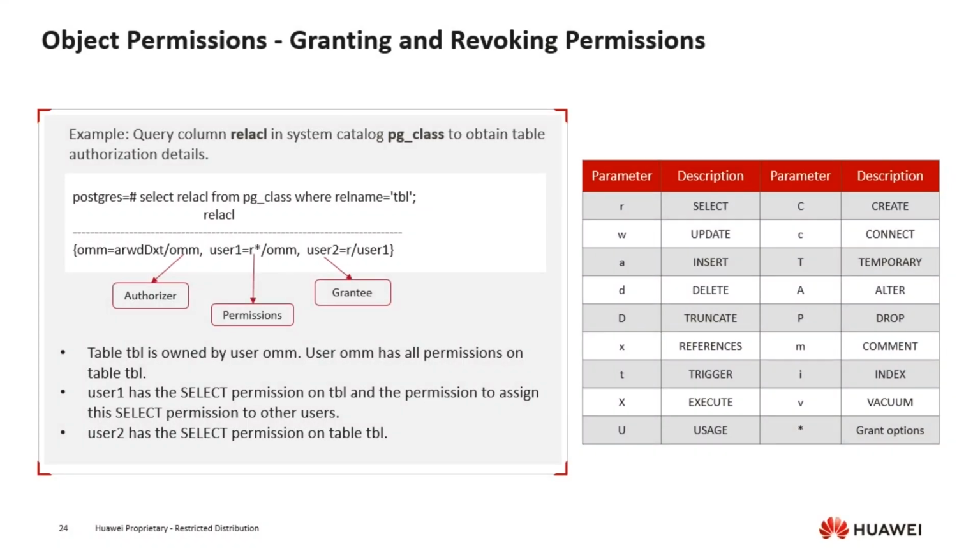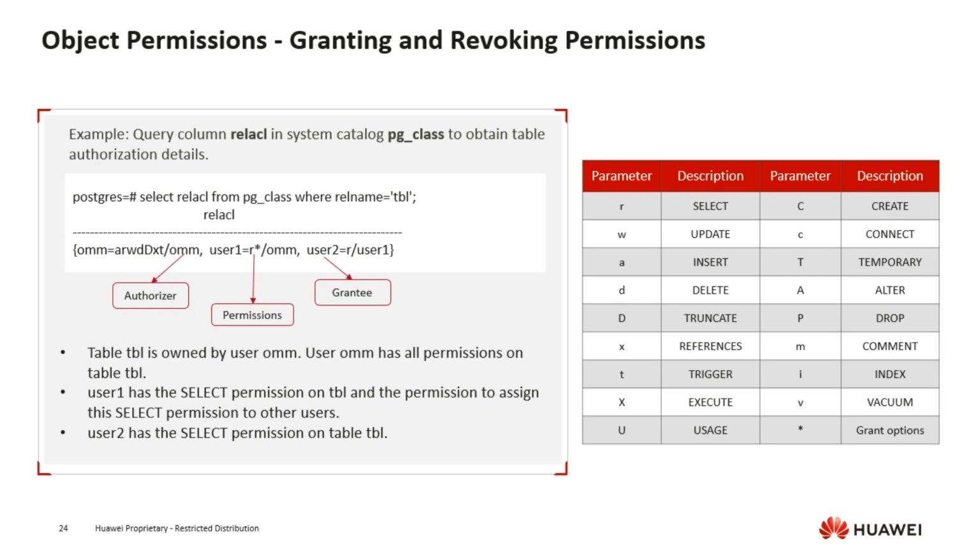And we can query PG class for table object access control details and PG proc for PL SQL or functions. Look at this example. We query relacl, which means the relation access control list field, on the PG class for table TBL. Here we get a formatted string.